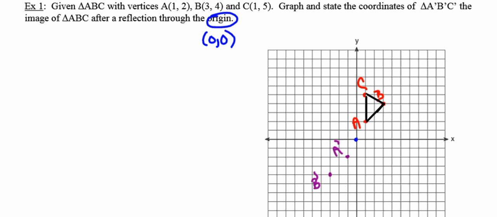And for C prime, I need to go to the left 1, down 5. So to find its image, I'm going to go to the left 1, down 5. And again, I'm going to double check and make sure that the point I'm reflecting through, the origin, is the midpoint between C and C prime. And it is, so I think I've done a good job here.